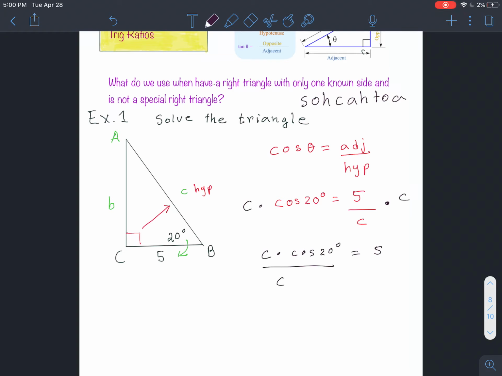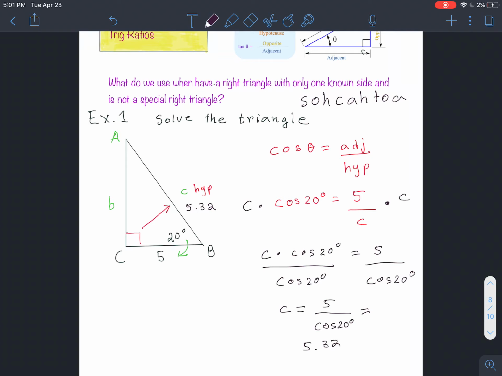Well, you would just divide. So C equals 5 divided by cosine of 20. And now we'll use our calculator to find out what this is, and we get 5.32. And that's when I rounded it to the hundredths. So that is cool that we have 5.32.